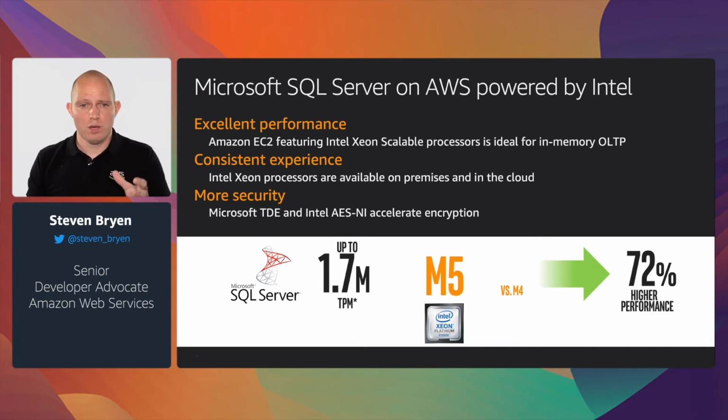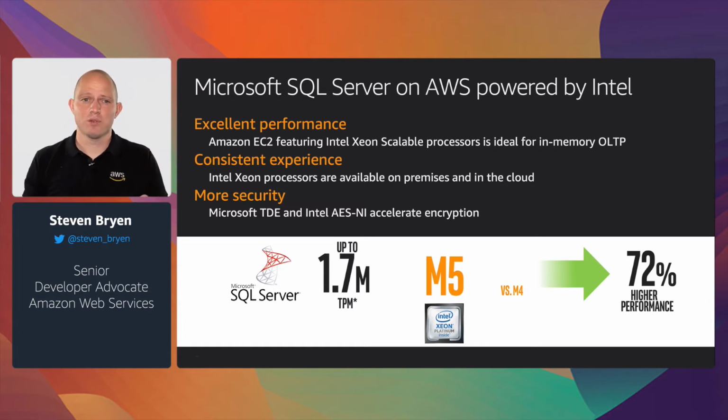You can see just an example here of an addition to the instance family. We added our M5 instance family. This is our general purpose instance family, which was the upgrade from our M4 instance family. You can see that by adding this Intel Xeon processor, which is ideal for in-memory OLTP databases, we're able to see 72% performance improvement in running SQL Server on AWS on those new instances.